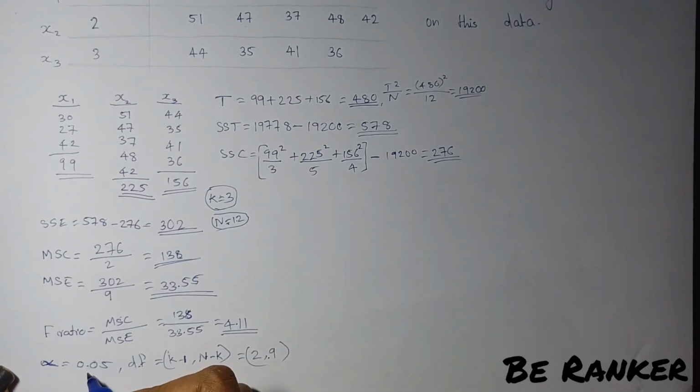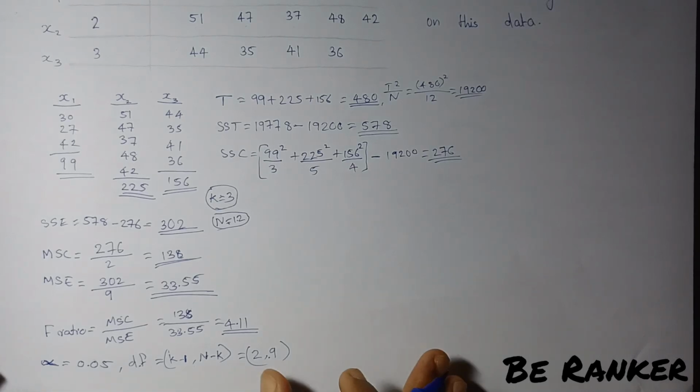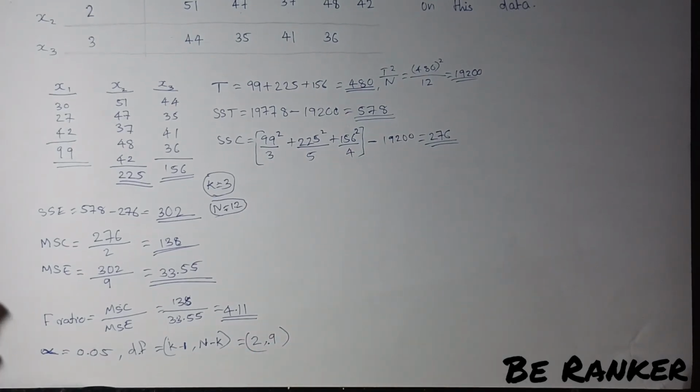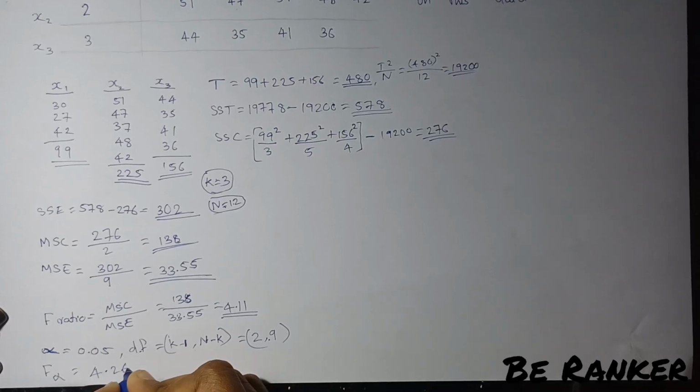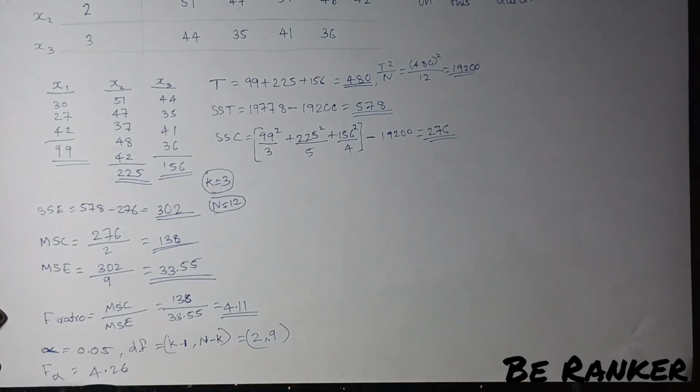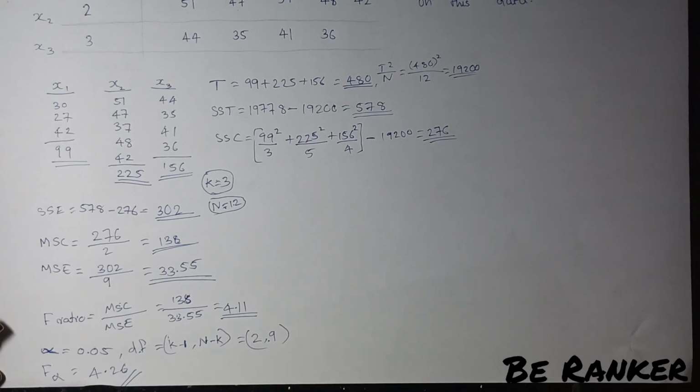So we can find the value of F alpha from the statistical table, and that value is 4.26.